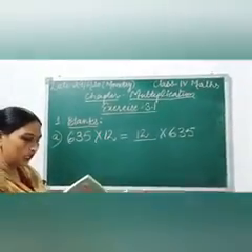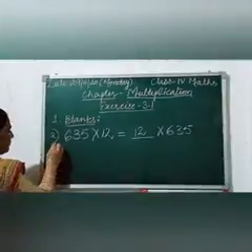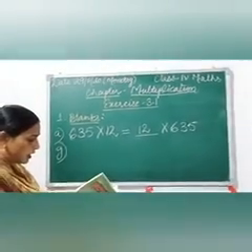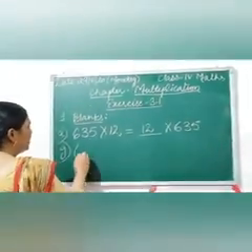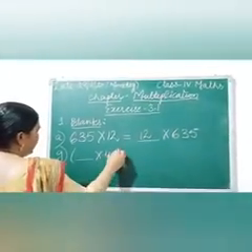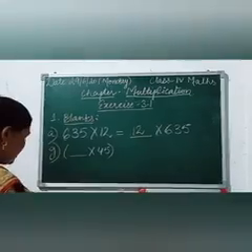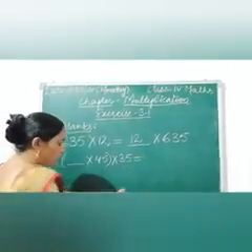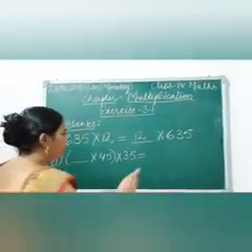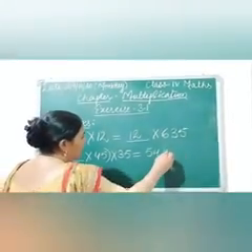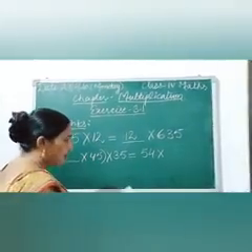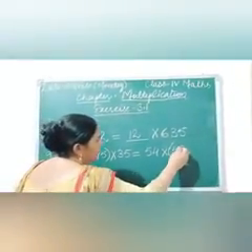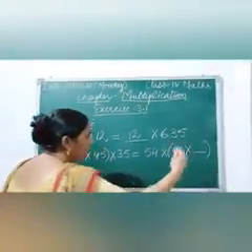Now let's move to G part. What is in G part? Dash multiplied by 45 bracket close multiply 35 is equal to 54 multiply, bracket, 45 multiply dash, bracket close.